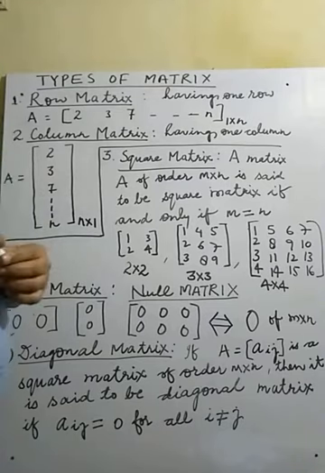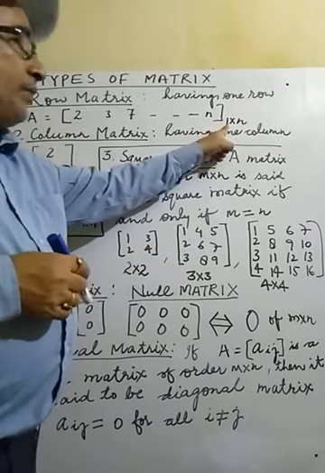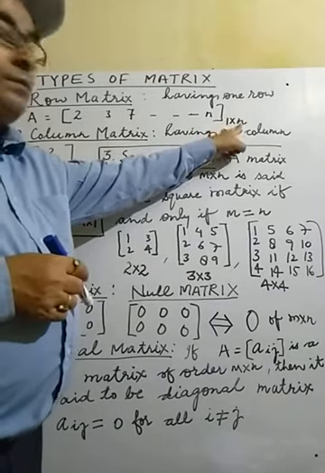So ultimately the row is only one. And how many columns are there? It may be n columns. So what will be the order of this row matrix? It will be 1 multiplied by n. Number of rows is only 1, and columns would be n.